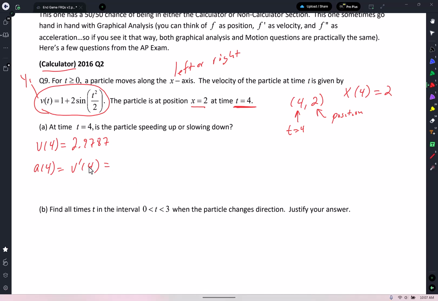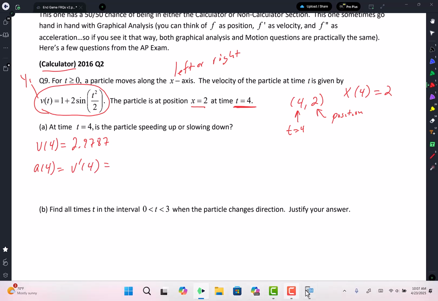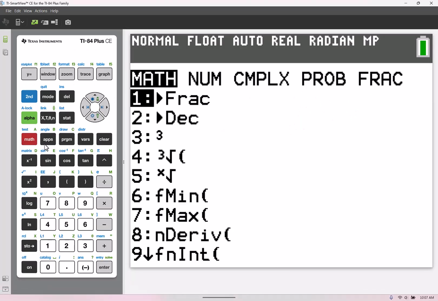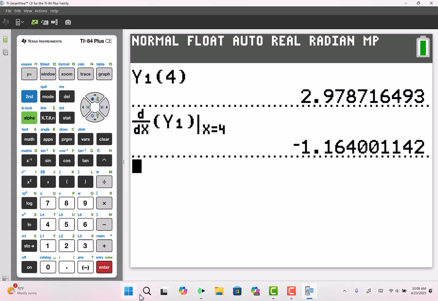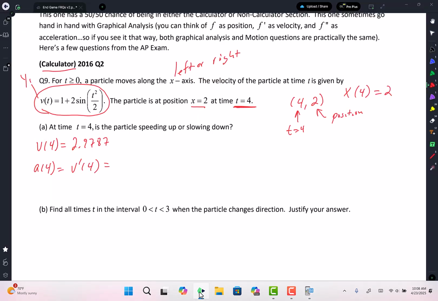This is called a setup. You just show the setup, that the derivative of velocity is acceleration, and then give the number. So here we go. Math number 8, and then x, and then I'm going to put alpha trace y1 at x equals 4, and push enter, and there it is, negative 1.164.